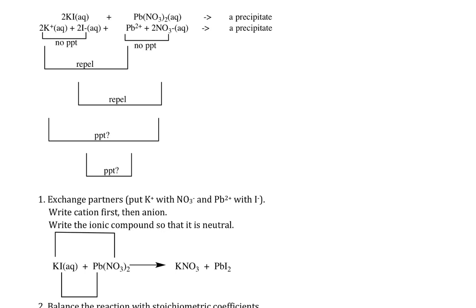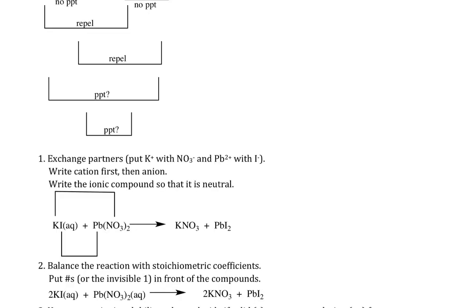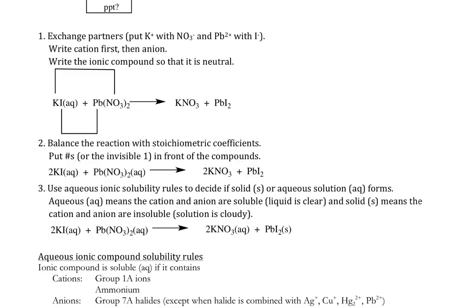So what we do in deciding what forms is we follow these steps. So we exchange the partners. We put K plus with NO3 minus. We put Pb2 plus with I minus. We always write the cation first, then the anion, and we write the ionic compound so it is neutral.